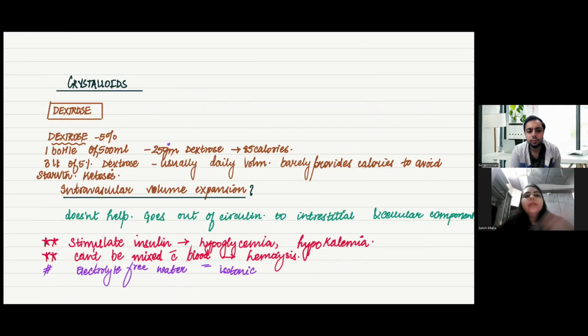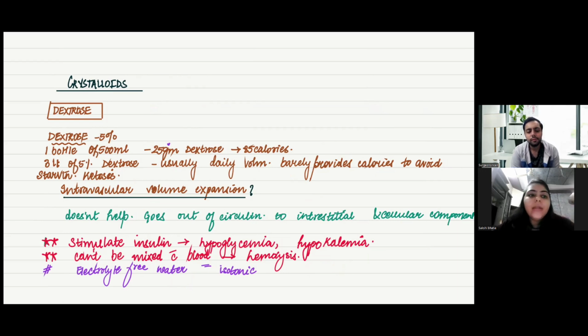First we'll start with crystalloids, and in crystalloids we have dextrose. Take 5% dextrose. One bottle of 500 ml contains 25 grams of dextrose, which gives approximately 85 calories.